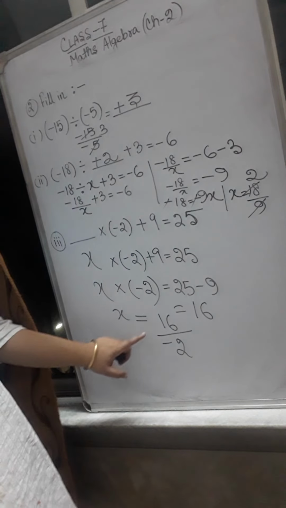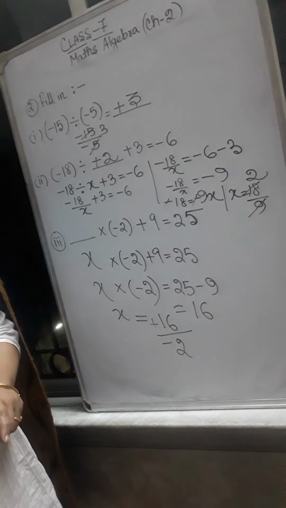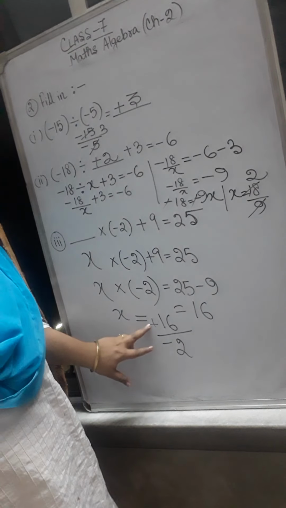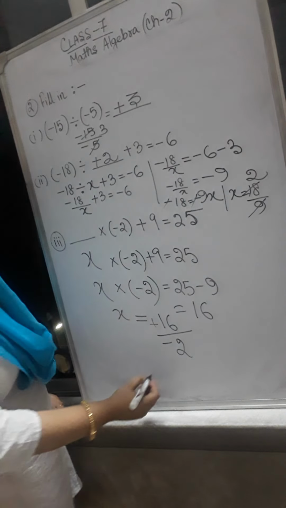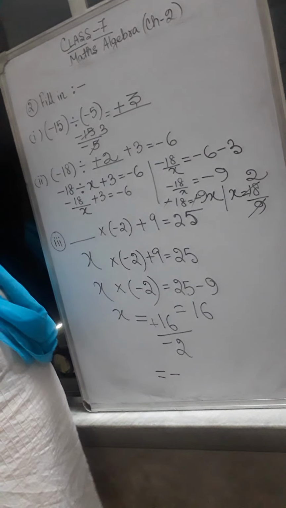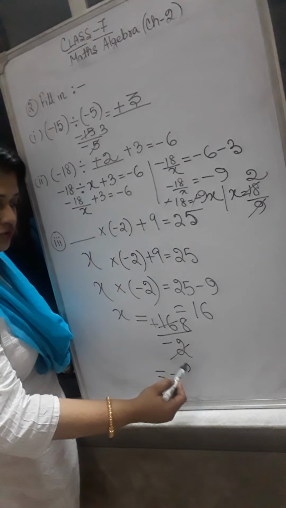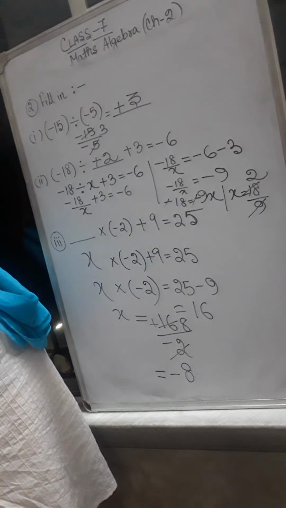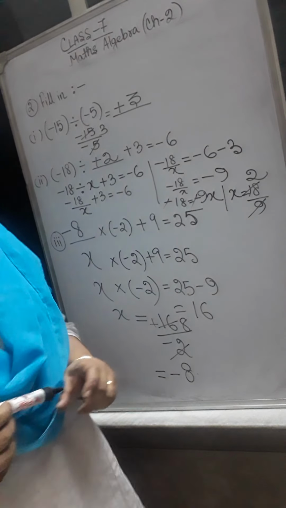Now see, the top number has a positive sign and the bottom number has a negative sign. So when you have opposite signs in division, the result will always have a minus sign. And solve the numbers. 2 8s are 16. So the x value is minus 8. The unknown value is minus 8. It is solved.